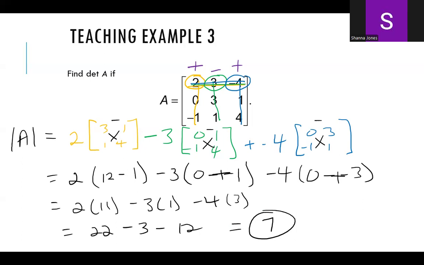So we don't multiply them with their determinants until the end. Yep. Parentheses first, remember PEMDAS?